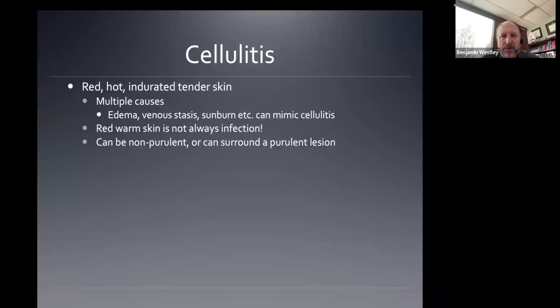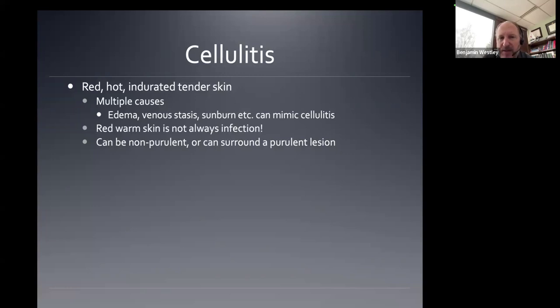When cellulitis occurs, it can be non-purulent, which is the sort of classic thing where you would have a confluent red leg that pops up very quickly, usually within hours or a day, especially between the ankle and knee.